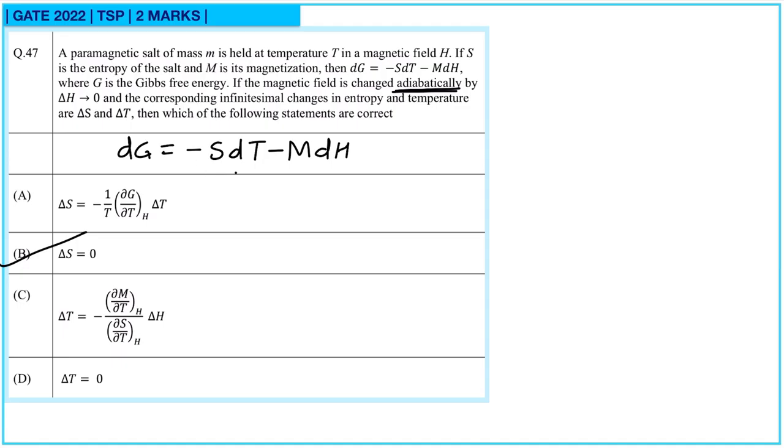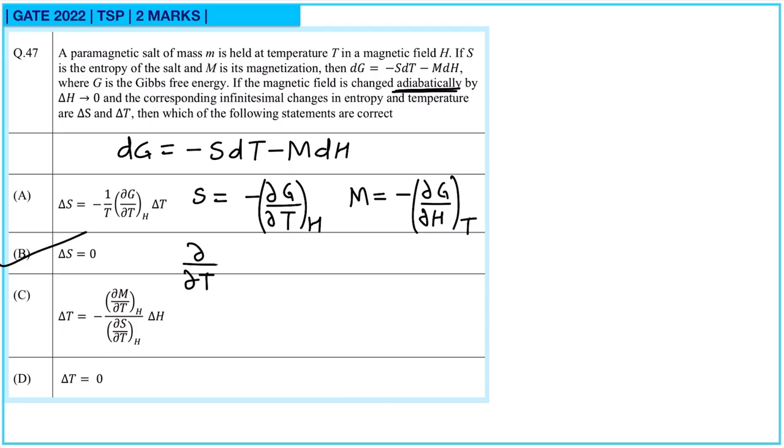From this equation we can write S is equal to minus dou G by dou T at constant H. Also M is equal to minus dou G by dou H at constant T. Now since G is a perfect differential, I can write dou by dou T of dou G by dou H equals dou by dou H of dou G by dou T. I can change these variables like this.